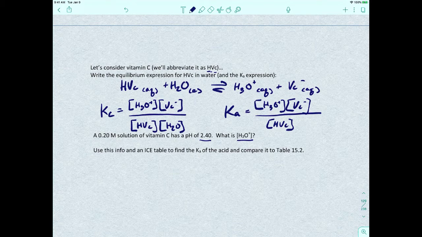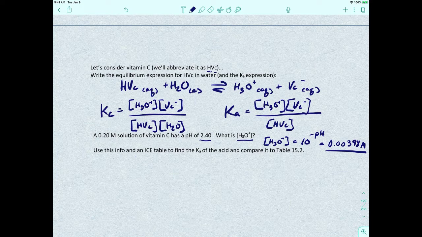One way is, if we're solving for the concentration of H3O plus and we know the pH, 10 raised to the negative pH will give us that concentration. So if we take 10 raised to the negative 2.40, that should give us 0.00398 molar.